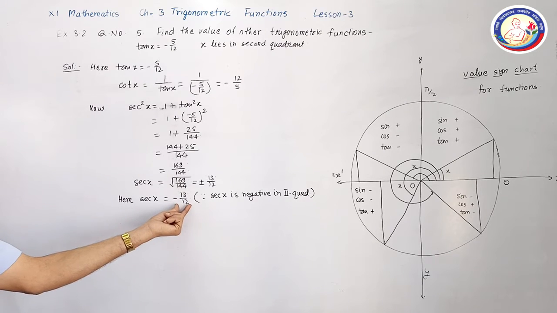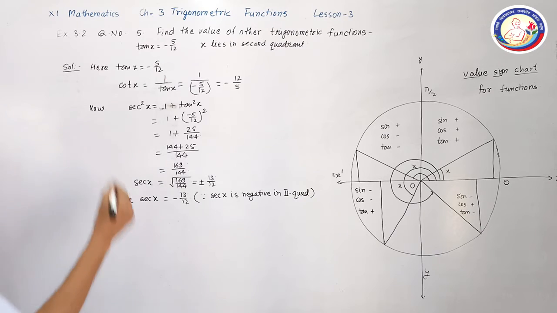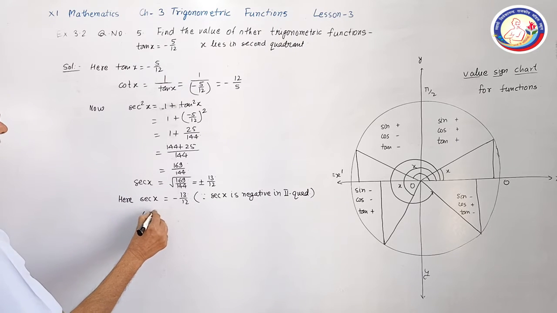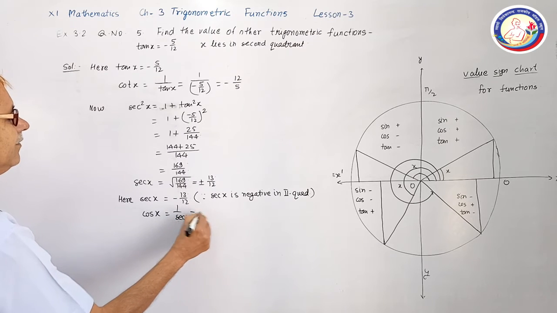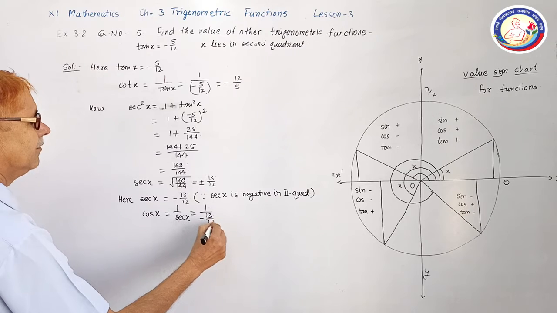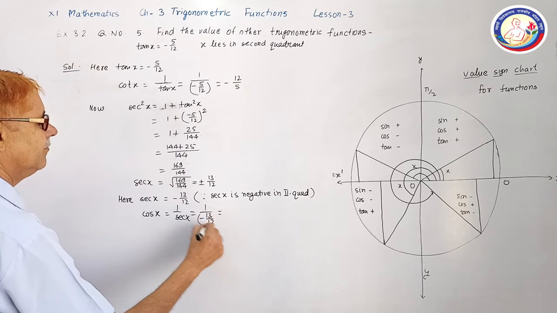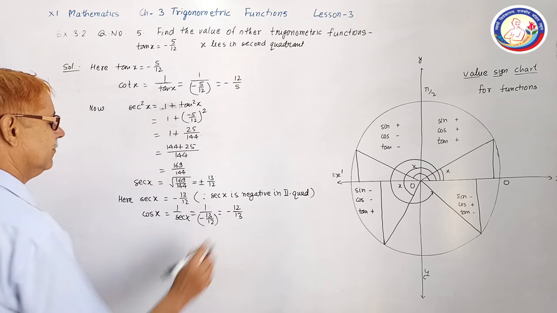So we have chosen here the value with negative sign. Of course, cos x can be found easily. Cos x is 1 upon sec x and it will be 1 upon minus 13 upon 12 and its value will be minus 12 upon 13.